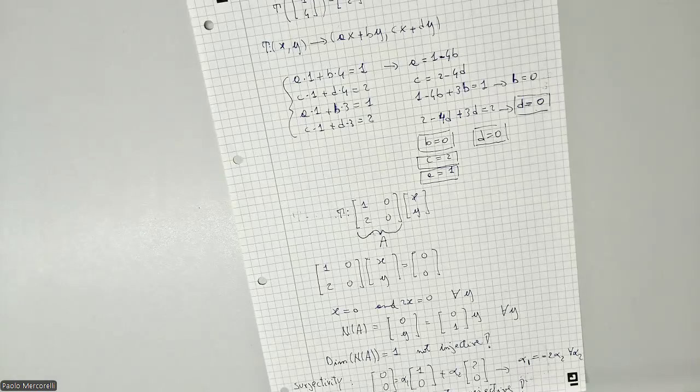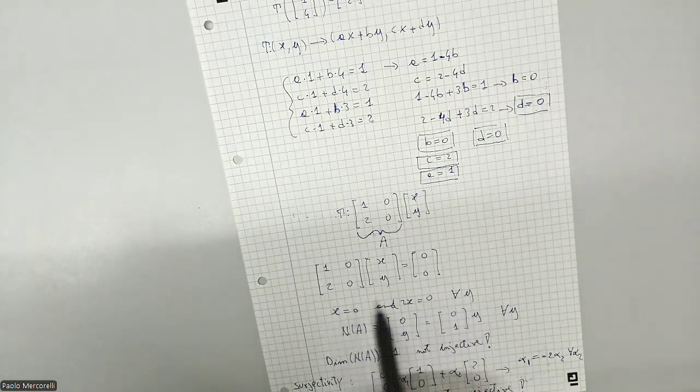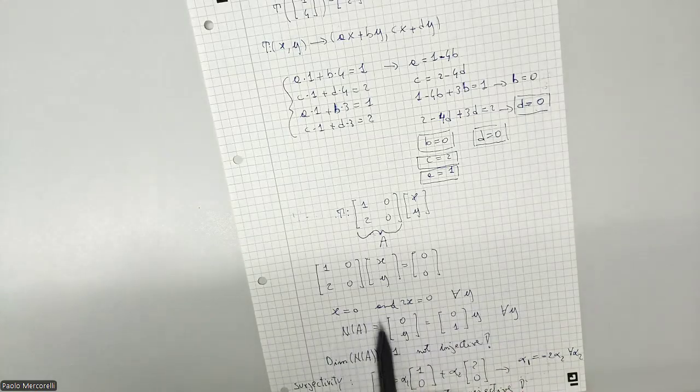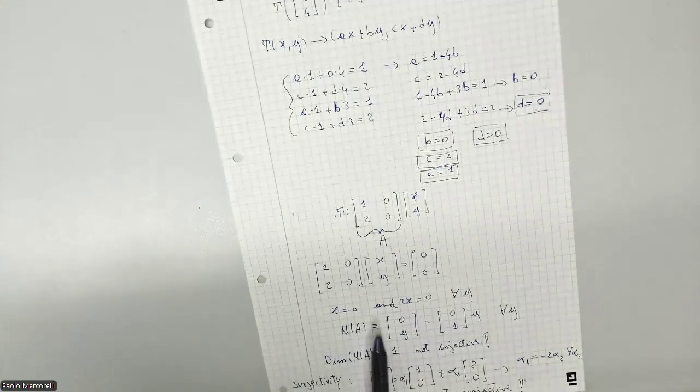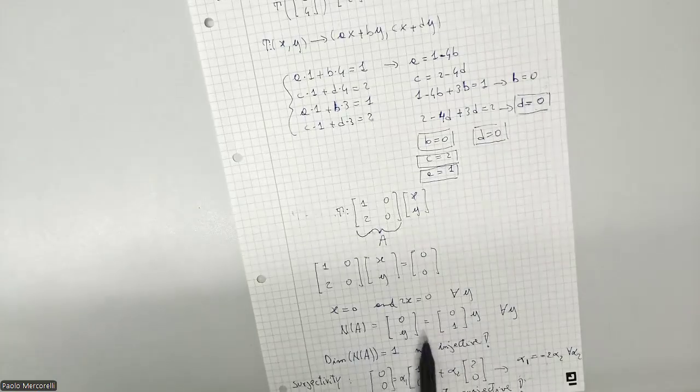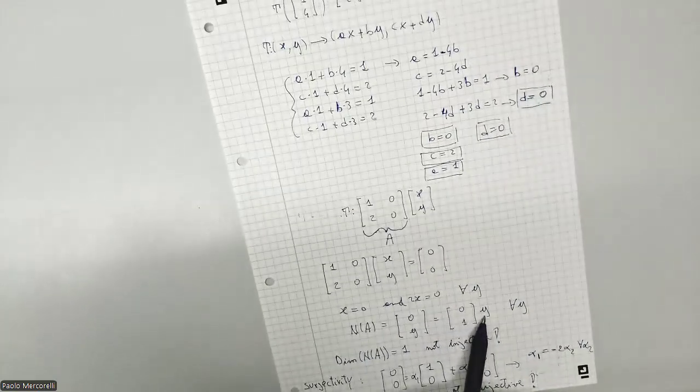Because y is not constrained. Look here. Y is not constrained. This means the kernel of the transformation, or the null space of A, is (0, y) for each y. Or if you want, (0, 1) multiply y for each y.